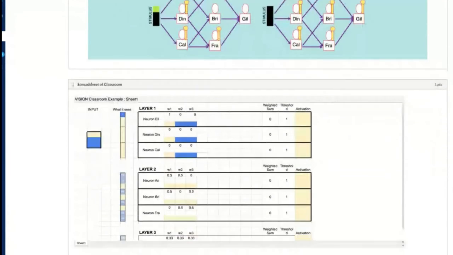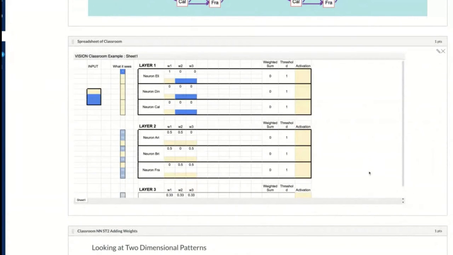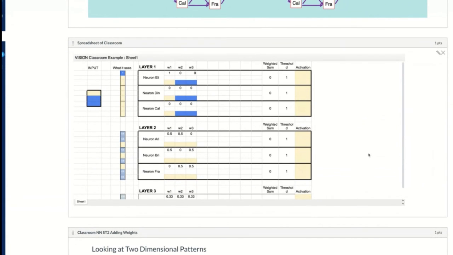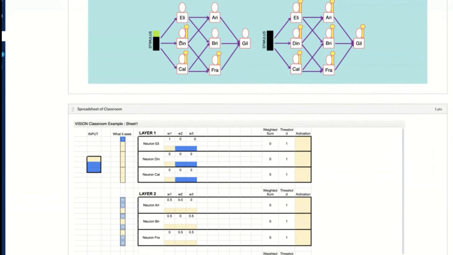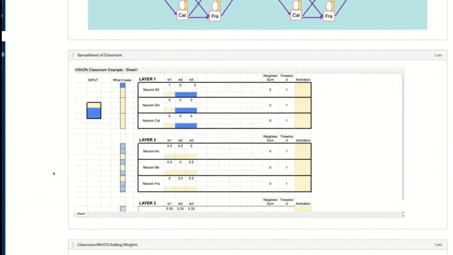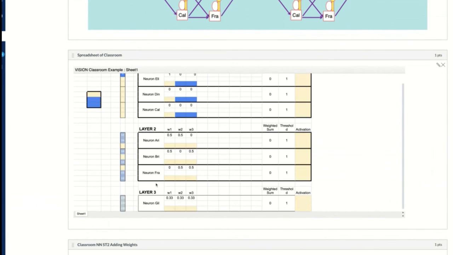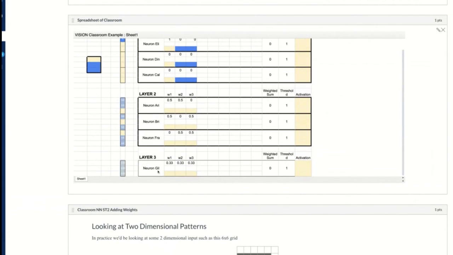Now, I just want to show another way that we could look at this. So instead of drawing the diagram where we have the nodes connected by lines like this, what we can do is think of it as a spreadsheet. And so here I have Eli, Din, and Cal, and Ari, Bree, and Fra, and then Gil at the back.